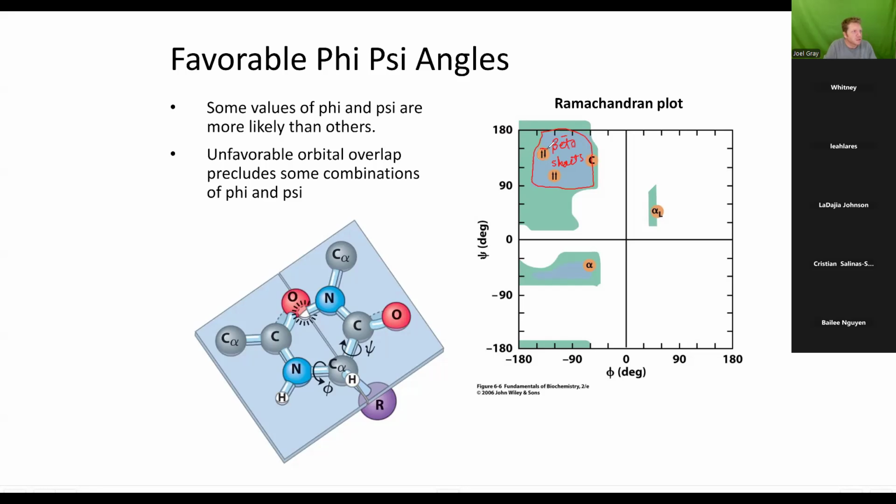And then this area and this area, those combinations, the ones that are the arrows, are specifically highlighting two different designations of beta sheet. They're known as parallel and anti-parallel beta sheets. That's a great question, Morgan. Thank you for that. So it's distinguishing between secondary structural elements is the color pattern there.